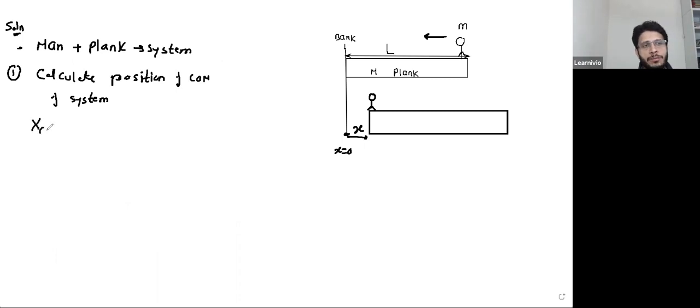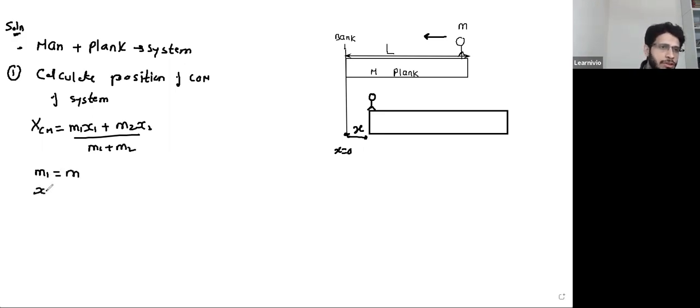This is how we calculate the position of center of mass, m1x1 plus m2x2, isn't it? Here m1 is man, so I call this m1 as small m.